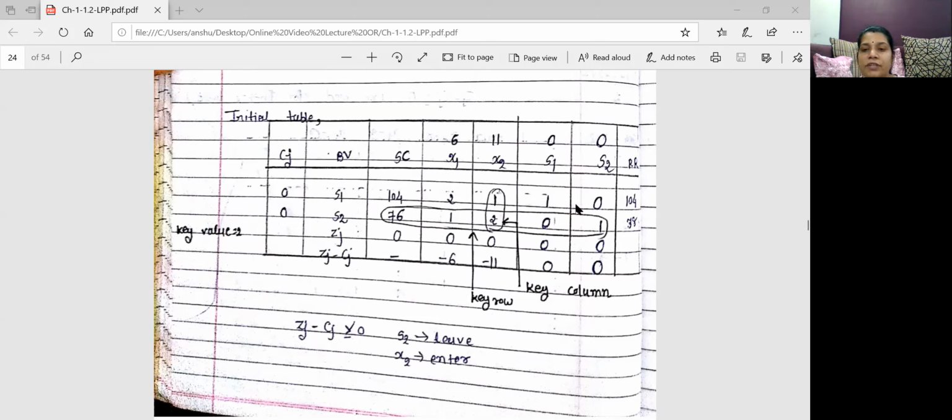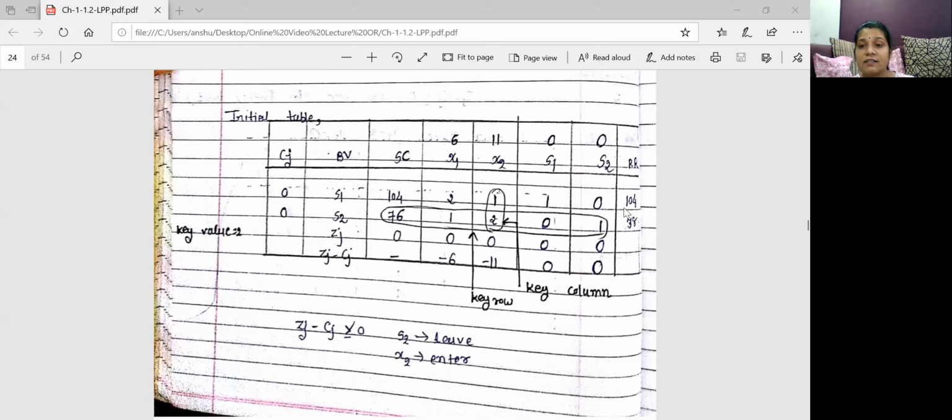So we find the replacement ratio, RR. And how, the method कैसे हम find करेंगे? So in our solution, constant column divided by our key column. That means what? 104 divided by 1, that means 104. 76 divided by 2, that means 38. So in our replacement ratio, we take the minimum positive value.